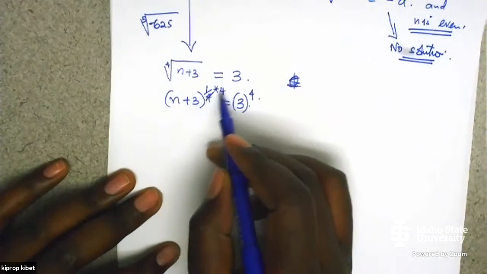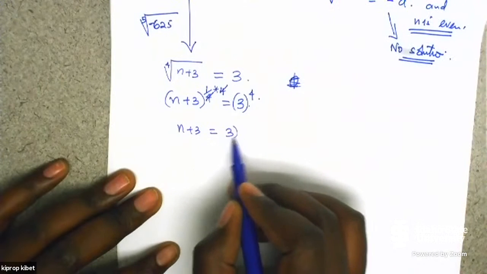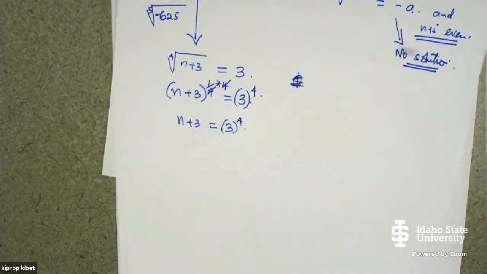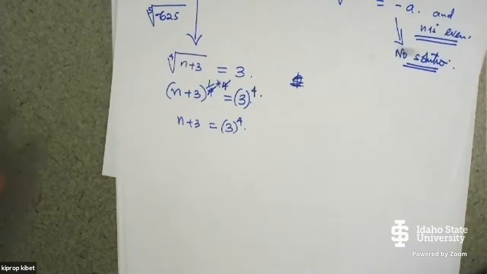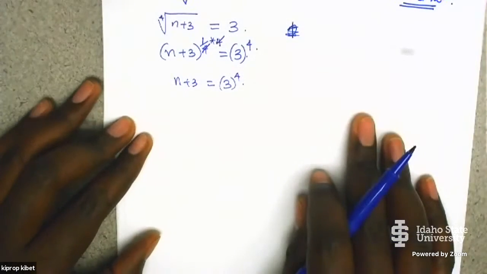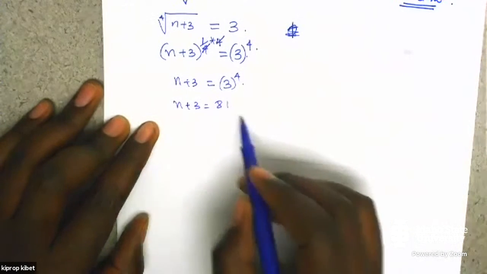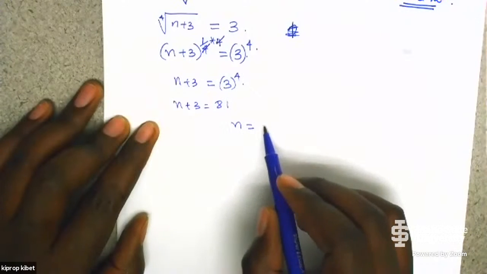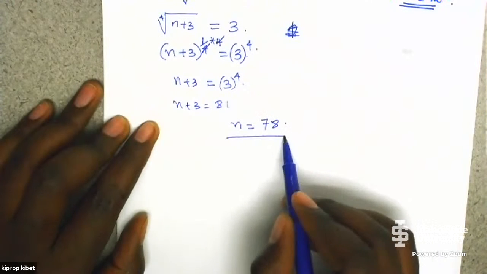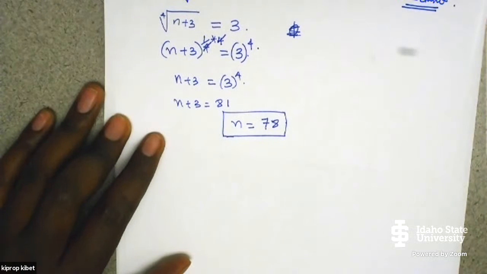Since this will cancel, we remain with n plus 3 equals 3 raised to 4. What is 3 raised to 4? 81. So n plus 3 equals 81. What is our n? n equals 78.